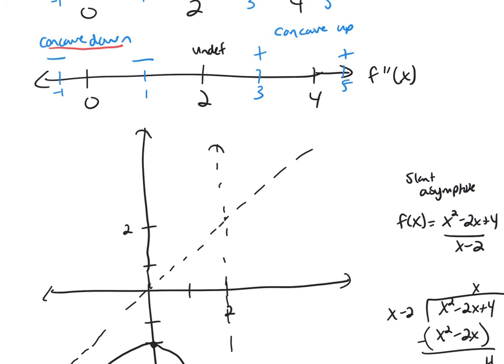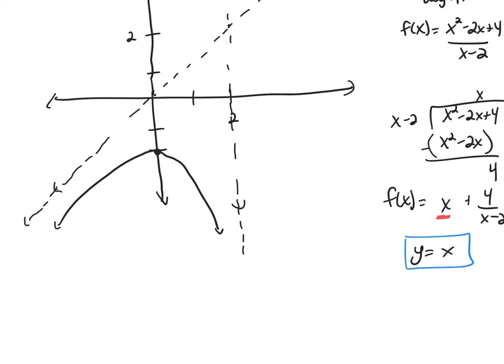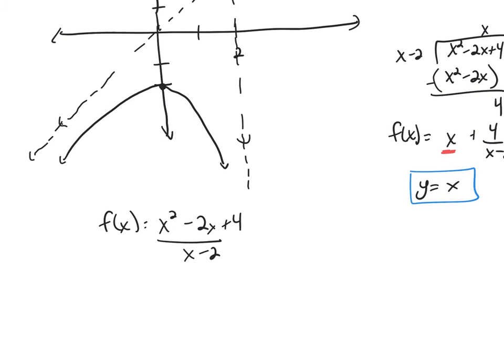And then you're going to need another point here. So go back to your function. What was my function? It was x squared minus 2x plus 4 over x minus 2. And if you plug in 4 into this function, you'll get 16 minus 8 plus 4 over 2.